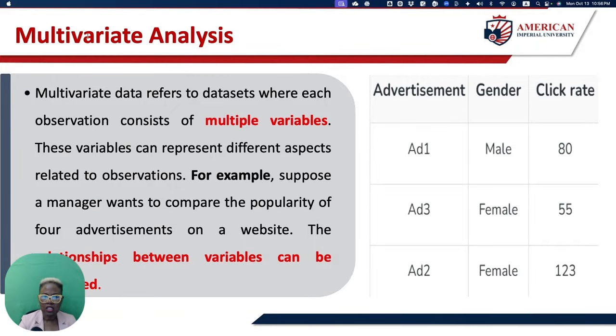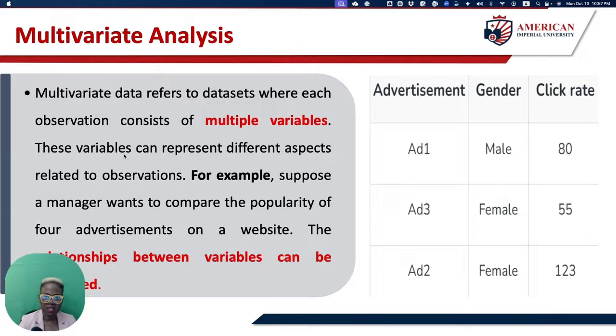Now, in addition to the univariate analysis, where we're looking at just one variable, one column, one feature at a time, we would also want to perform our multivariate analysis. This is where we begin to discover the relationships between the features.